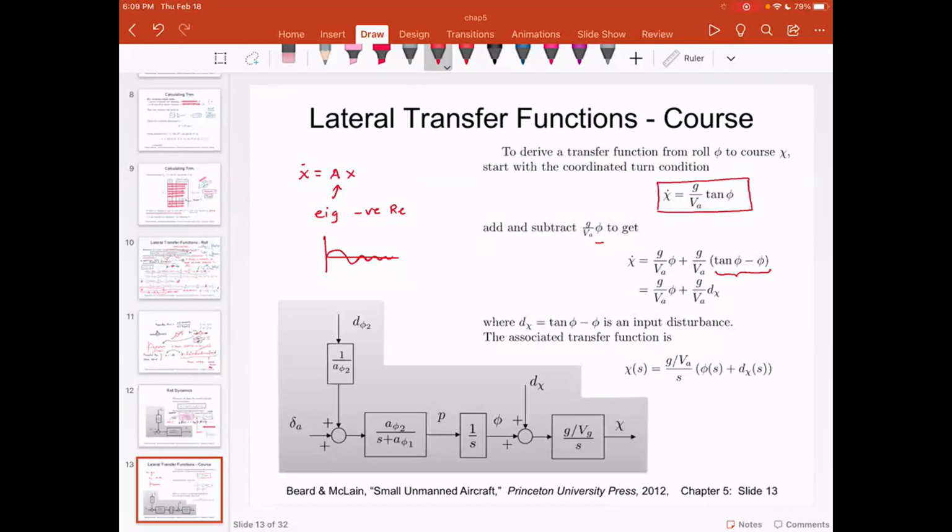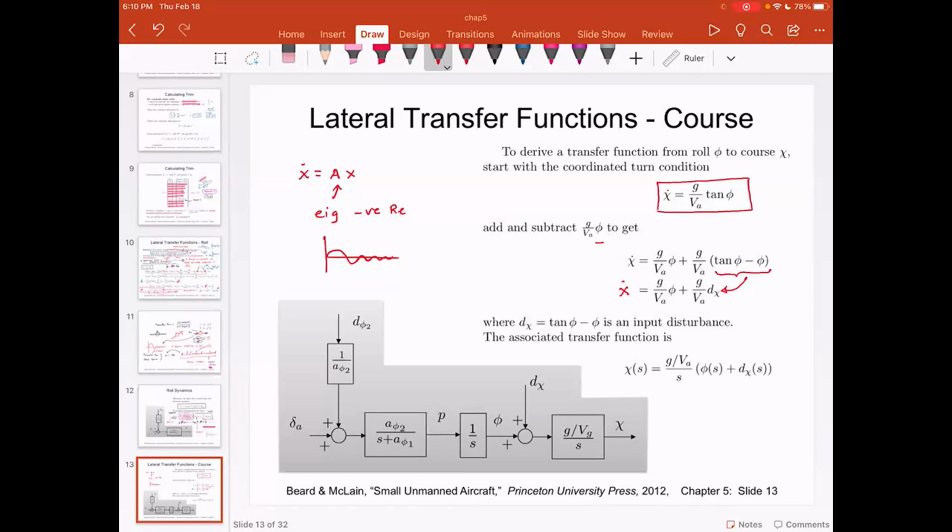The reason for this manipulation is that as soon as I say tan phi minus phi, this approximation is nothing but d chi, which means now I have a derivative equation for chi dot, and this is an important mathematical manipulation. Please note this mathematical juggling is needed so that we can come up with a differential equation that is in a form that can be controlled using the linear technique.